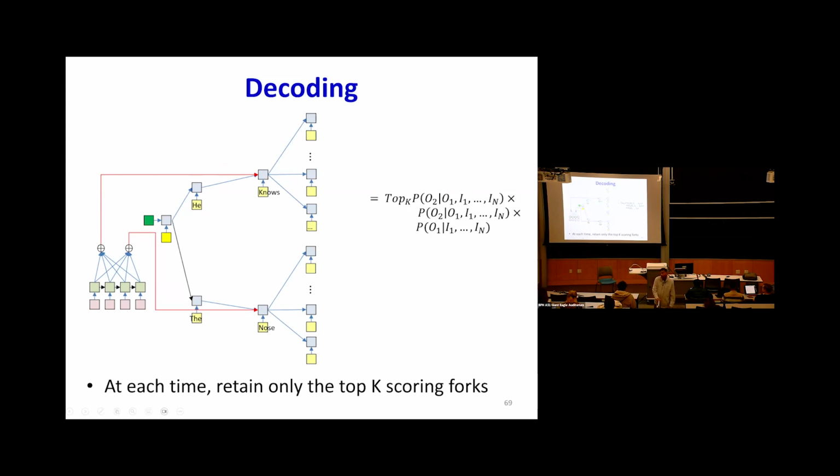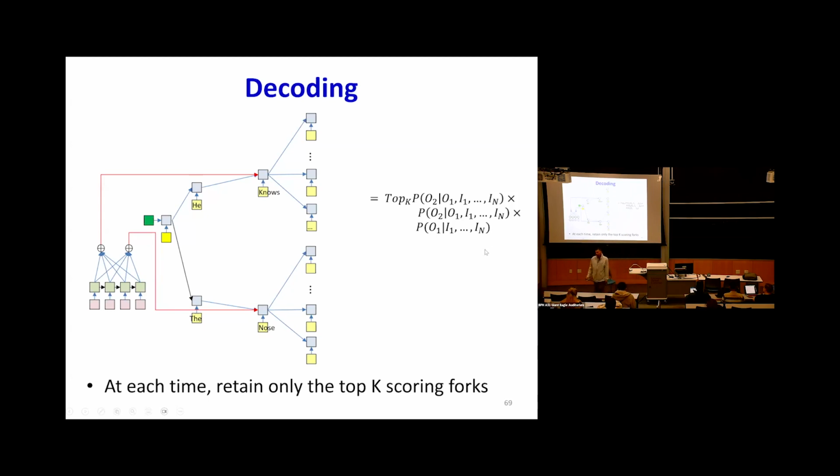Now, when you're choosing the top k, you're going to choose the top k based on the total probability of the entire path from the beginning to the latest word, and not merely based on the last word that you see, right? So the top k are going to be chosen based on this product, which is the product of the probabilities going all the way to the beginning.